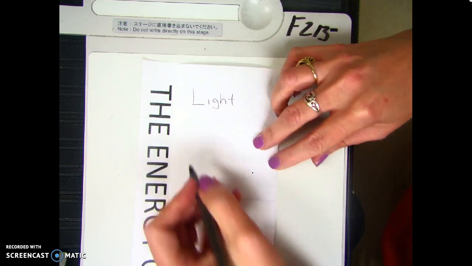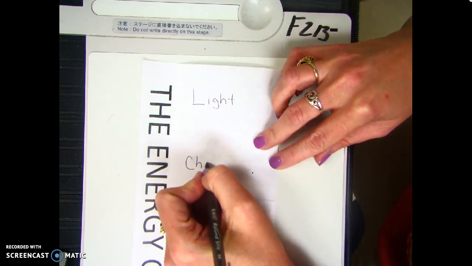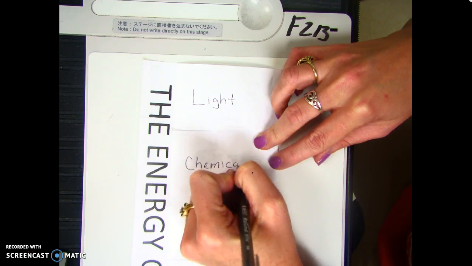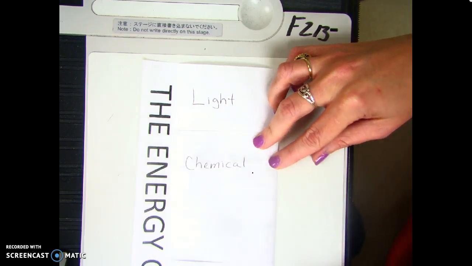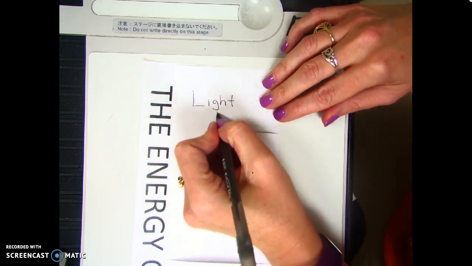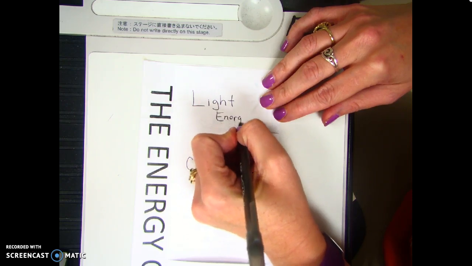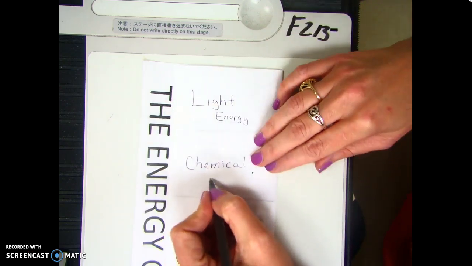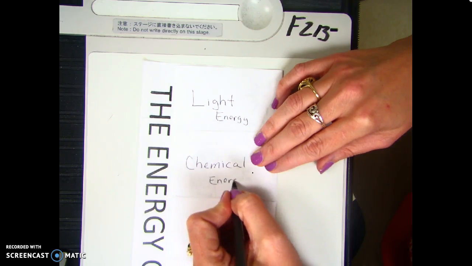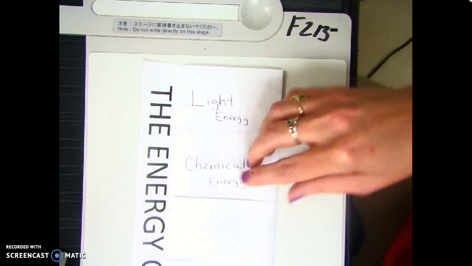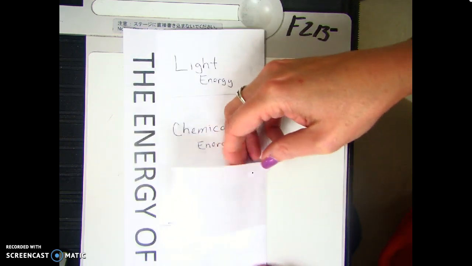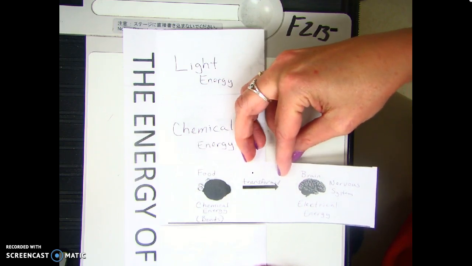Then the second flap talked about our light energy being turned into food. Oh, we were creating chemical energy. Okay, so we'll just go ahead and add energy underneath. And then on the third flap, we have chemical energy being turned into something that our brain can use.